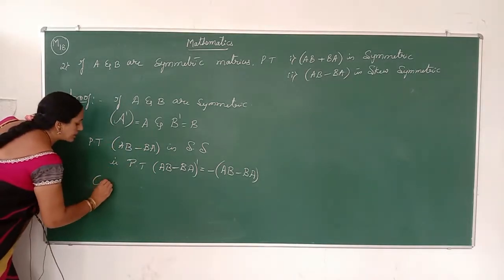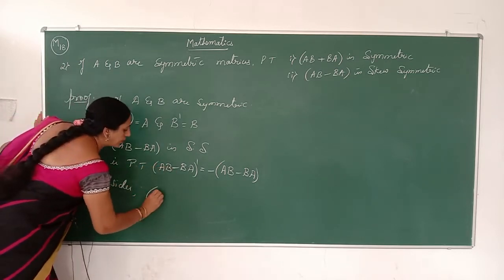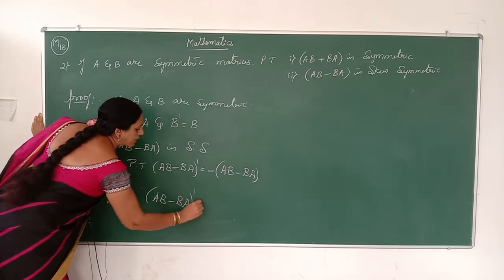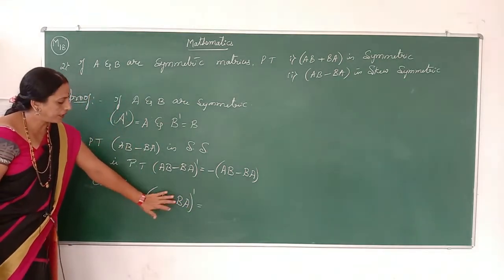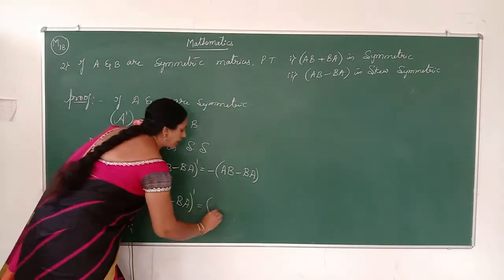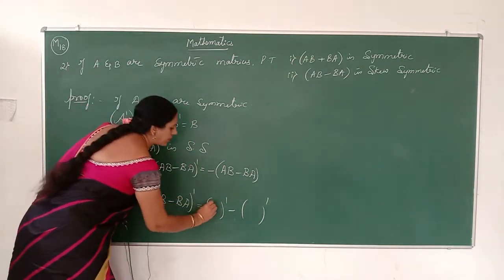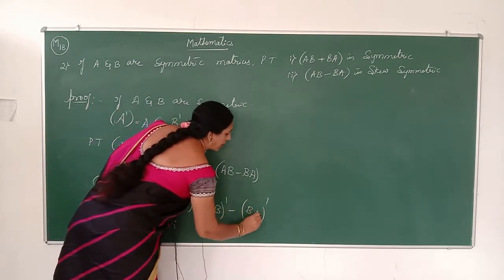So again we will consider the LHS of the result, (AB minus BA) dash. It is in the form of (A minus B) dash, which can be written as A dash minus B dash, where A is AB and B is BA.